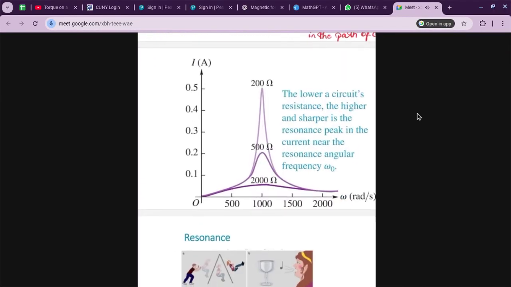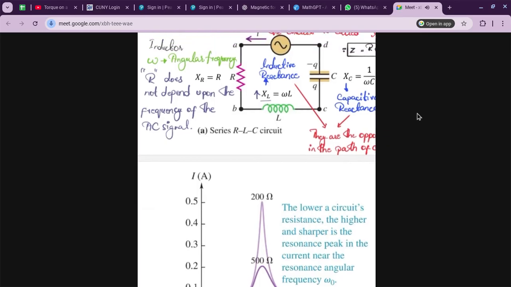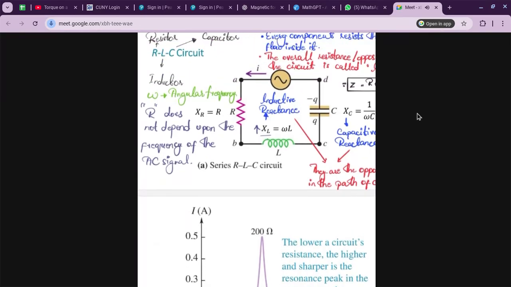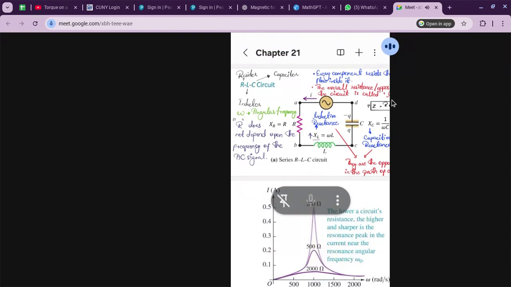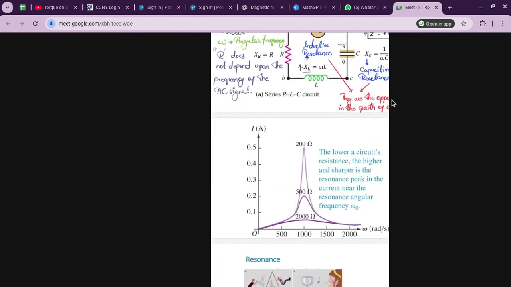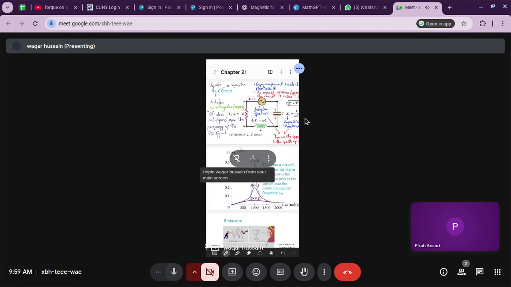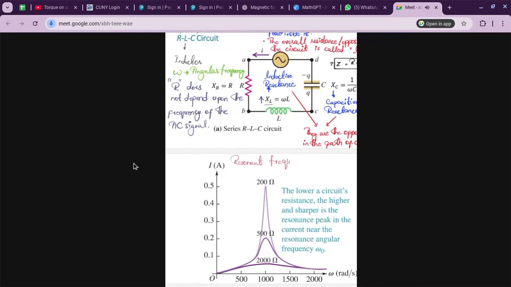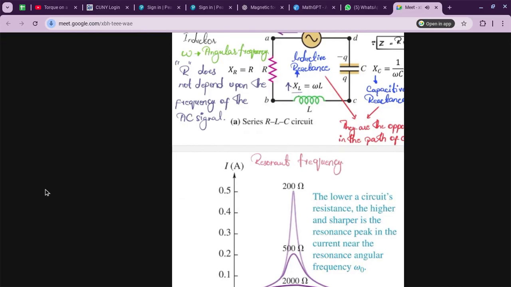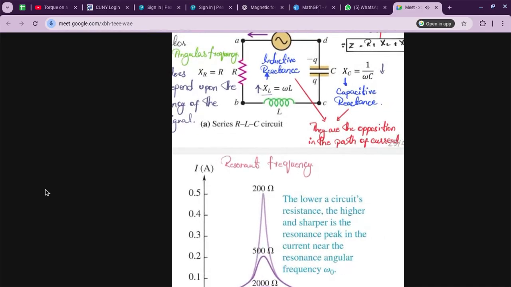That frequency is called the resonant frequency. Resonant frequency means matching of frequency. It is the frequency at which the value of Xc and Xl will be equal. Okay?